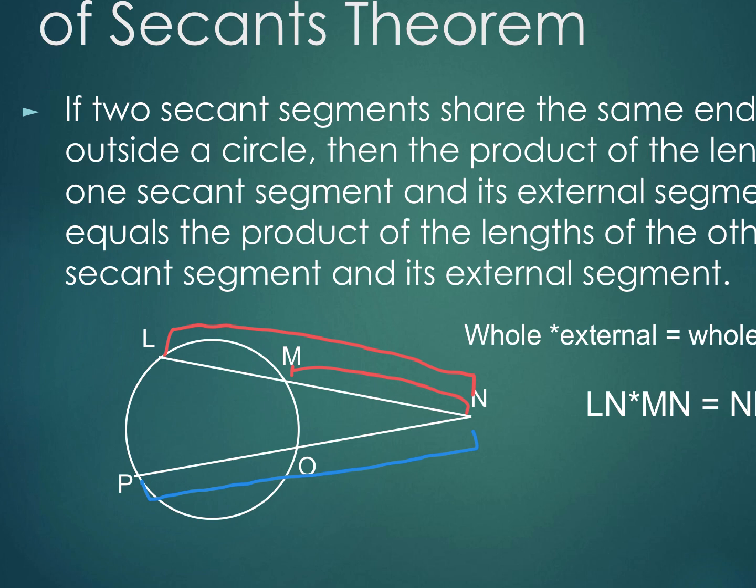What's the external part of that segment? From O to N. Now, this one and the chord theorem that we just learned about, a lot of you guys get confused because when these values are filled in, a lot of us are just going to take LM and we're going to multiply it by MN. But remember, it's the whole thing times the external part. So you have to add these together first and then multiply it by the exterior part, okay?